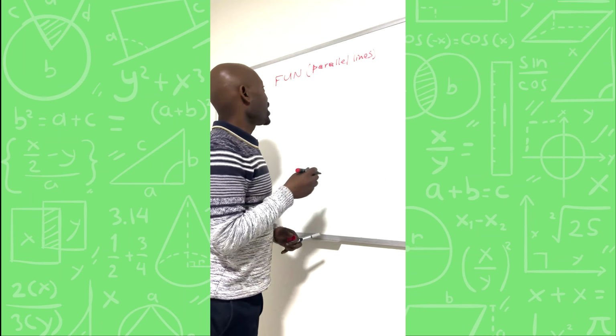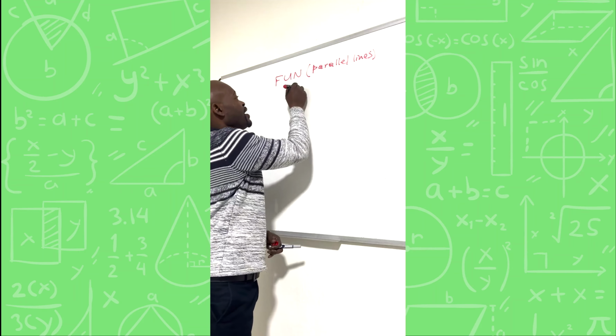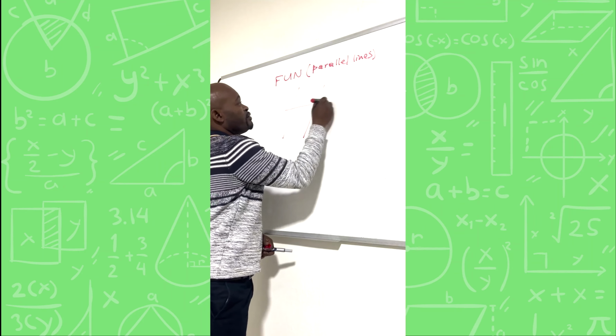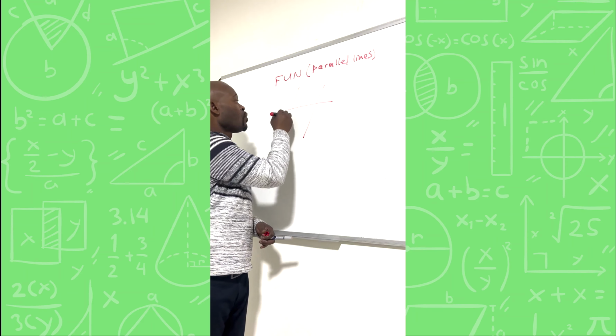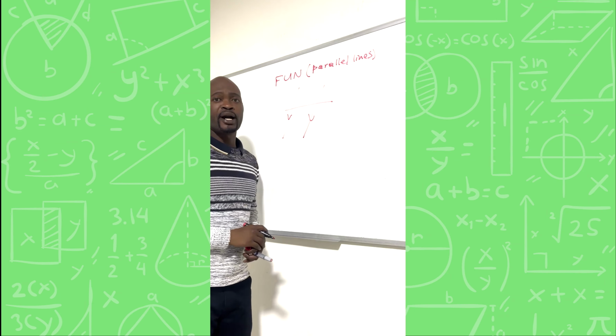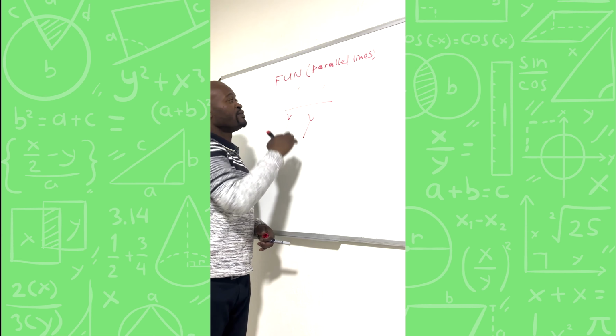Now, with parallel lines, it means that if I have something, for an example, that looks like this, where I have two parallel lines and a transversal line.